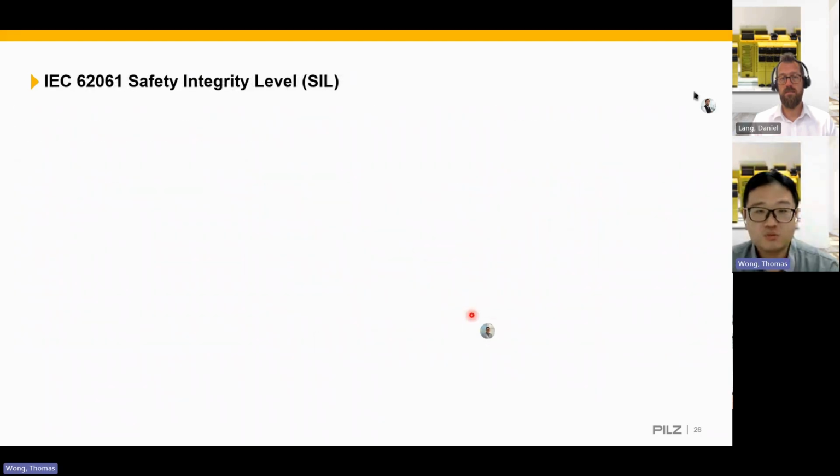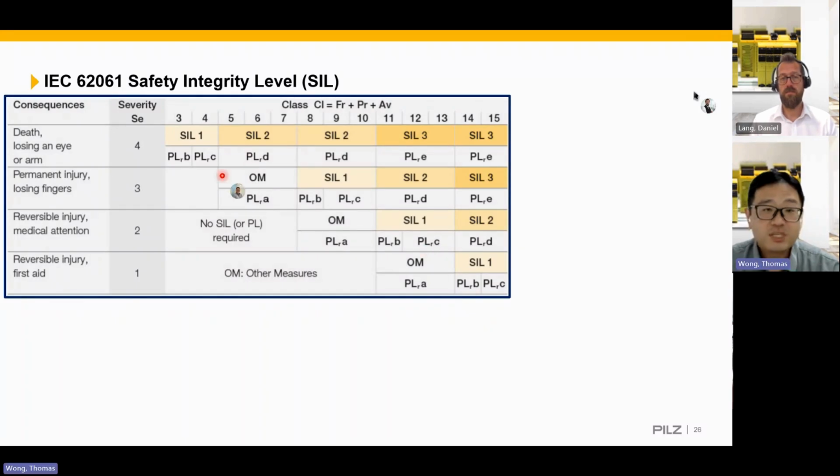So I will look more in depth at the SIL level currently. Looking at this table, this is the SIL level table. We will look at a few key factors. One is severity, and also then we'll look at class. We need to know this, and of course you will also see the consequences.